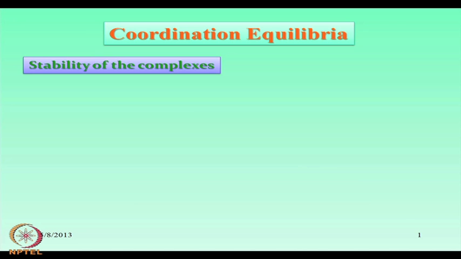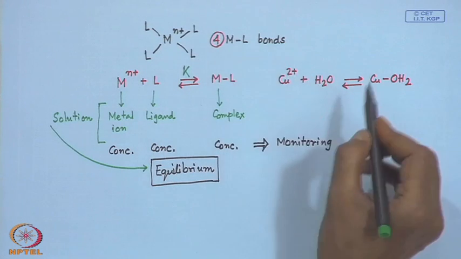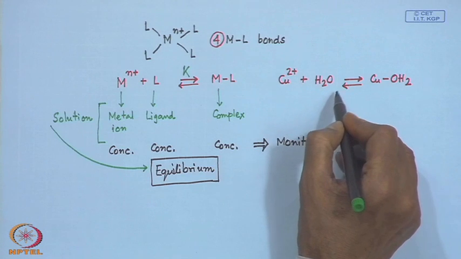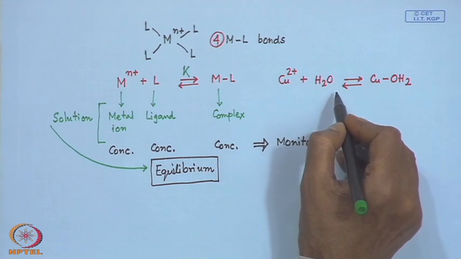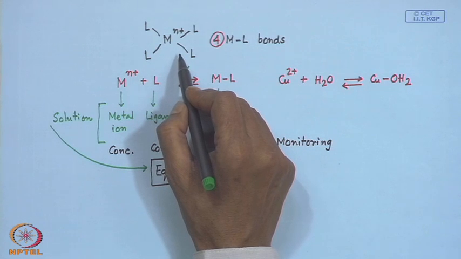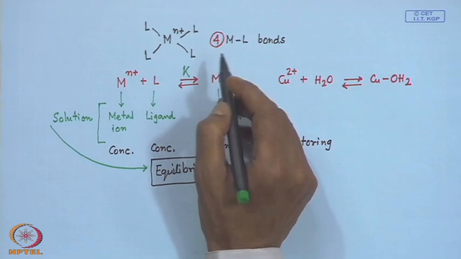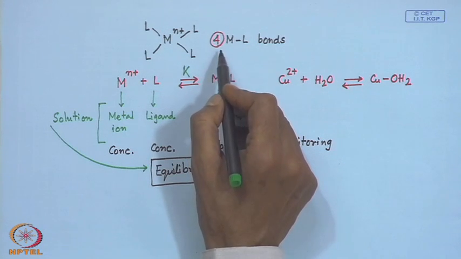That means, if we get this ML4 species from the corresponding aquated or solvated metal ion, how much of this species forms immediately when we add the stoichiometric amount of L?